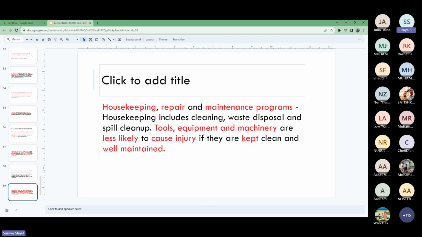By doing it, we will reduce any risk, for example, tripping or anything which is possible in the working space.